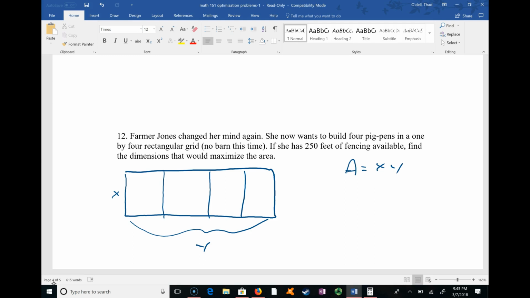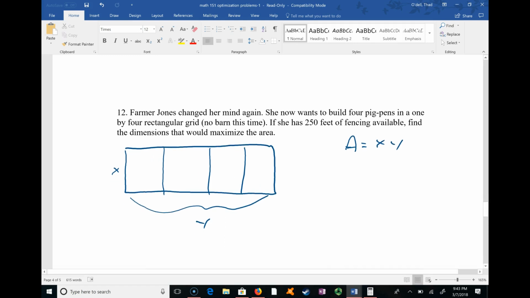And that's what we want to do, is maximize that, but that's not a nice, neat equation because it's got too many variables in it. So I need to adjust them. So instead of Y, I'm going to write Y as 250 minus 1, 2, 3, 4, 5, 5x, but then we got to divide that by 2 because there's 2 y's there.